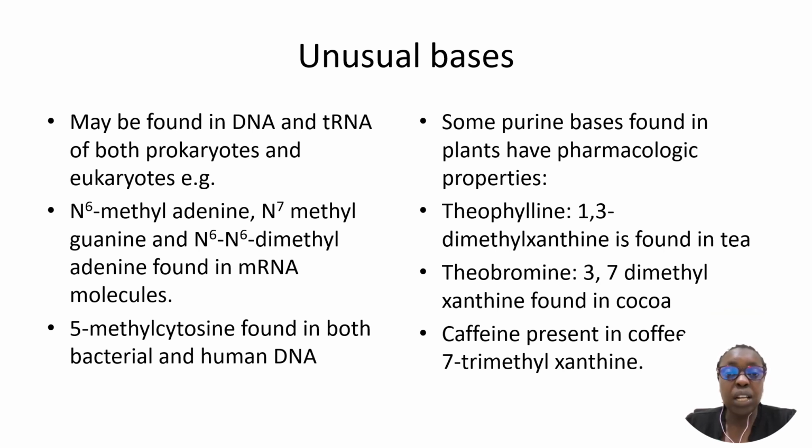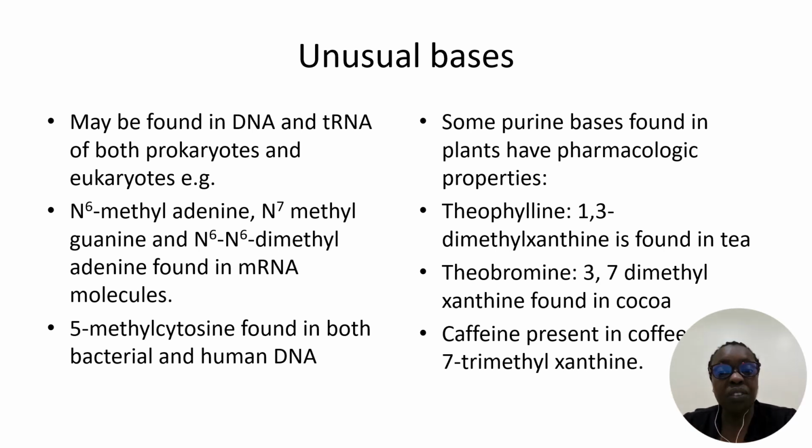And this is to allow the messenger RNA to exist for a period of time so that it can be translated at the ribosomes. We have methylcytosine, which is found in both bacterial and human DNA. This form of methylation helps in the identification of our own DNA versus foreign DNA.